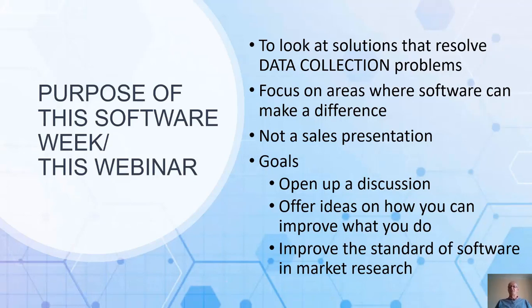We hope to offer some ideas on how you can improve what you do, perhaps to rethink some of your strategy. I think the software market has got very complicated in market research in the last few years. It wasn't so many years ago that I remember there was probably a piece of software for doing some cross tabulations, and that was about it. And then we started doing some PowerPoint slides to give to our clients. But it's really moved on a lot since then, since the days of CATI.